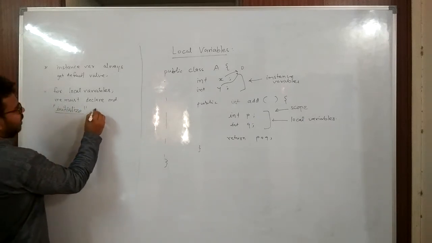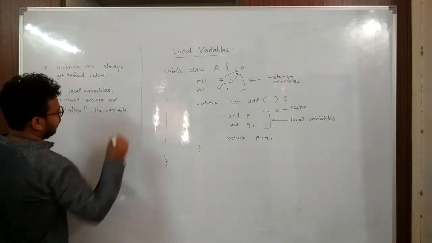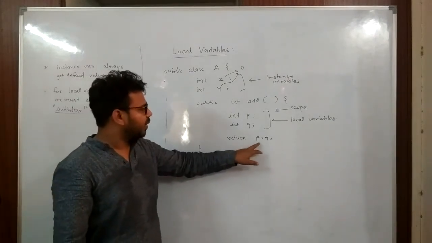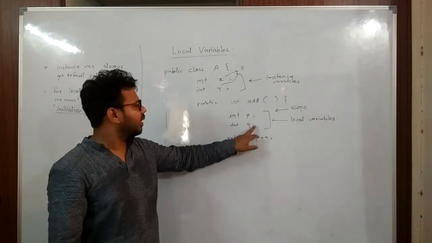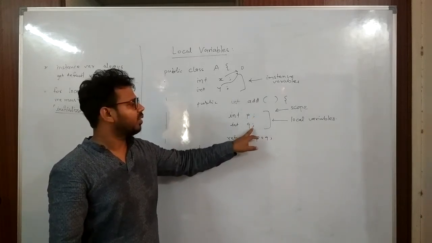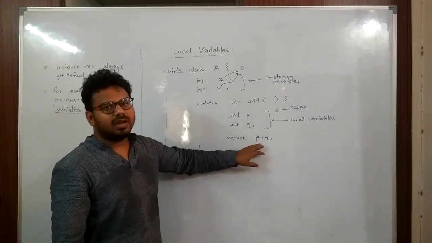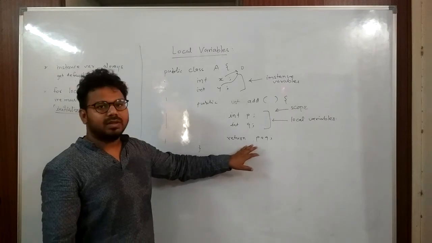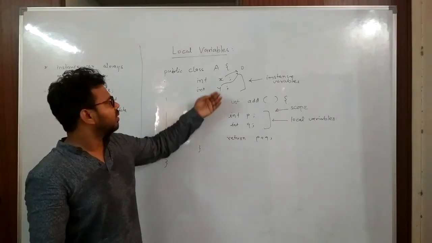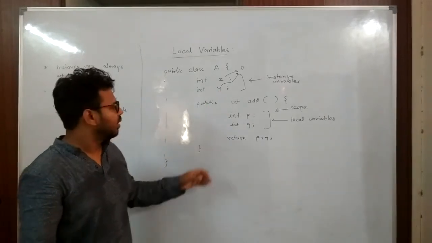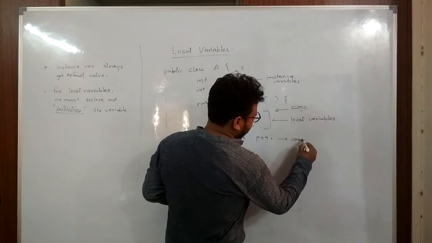Here, in return p plus q, you can see I have not initialized the values of p and q, like p is equal to 5 or q is equal to 6. So this will have a compilation error, and it will not execute successfully, unlike instance variables.